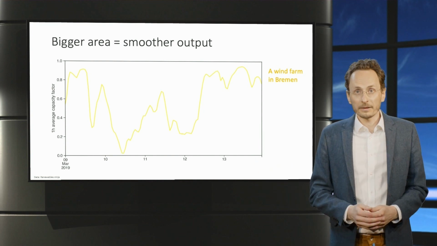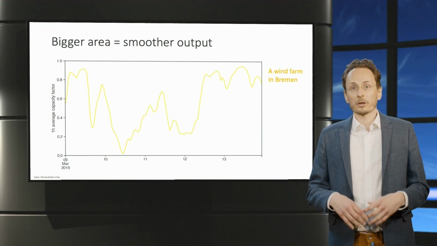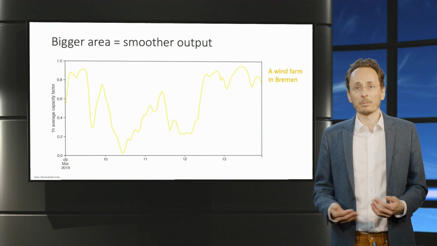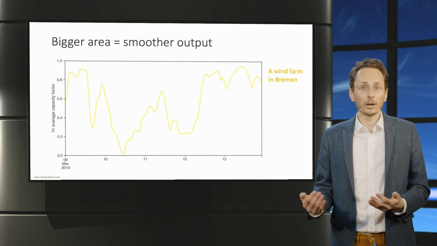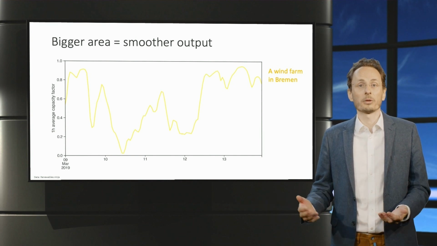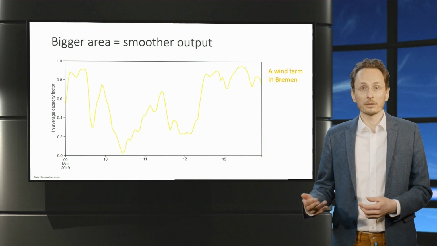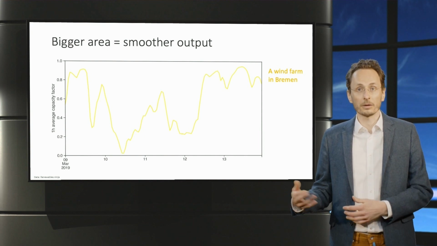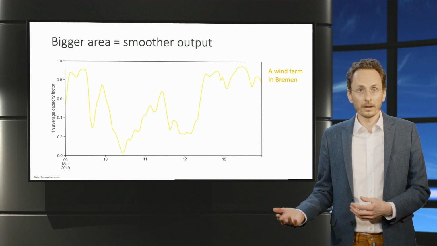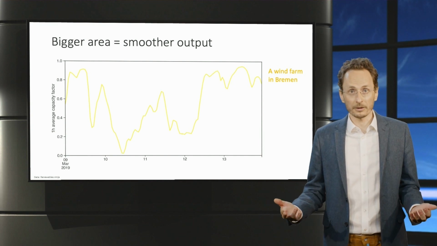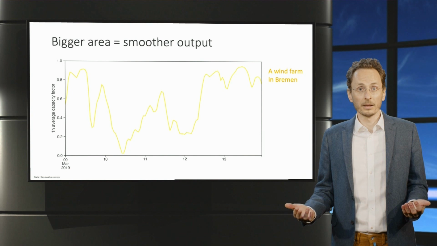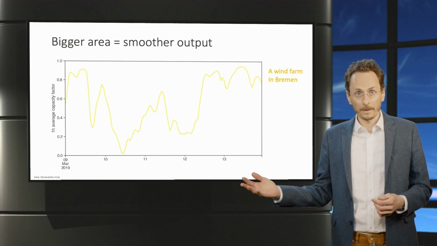We can make this more concrete. Here I have simulated the actual 1 hour average capacity factor of a single wind power plant in Bremen, Germany, over the course of 5 days in March 2019, based on the actual weather conditions during those days. You can see that the hourly capacity factor, and thus the electricity generated, fluctuates quite dramatically.